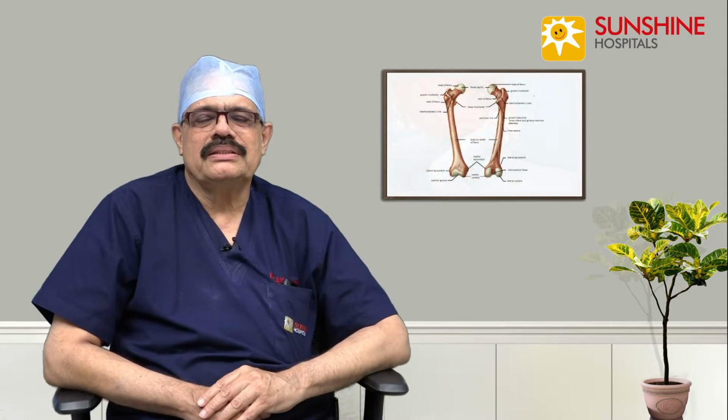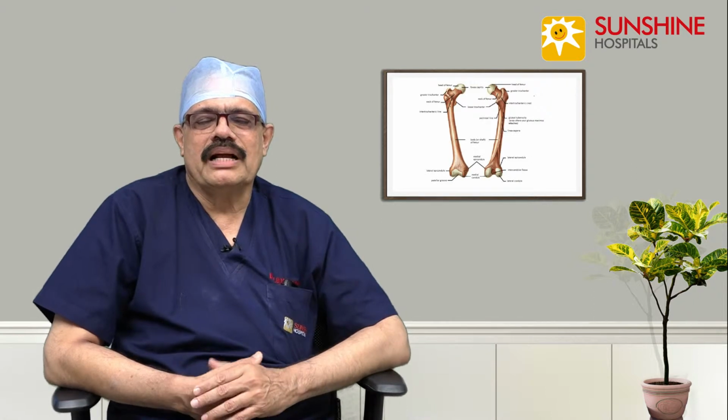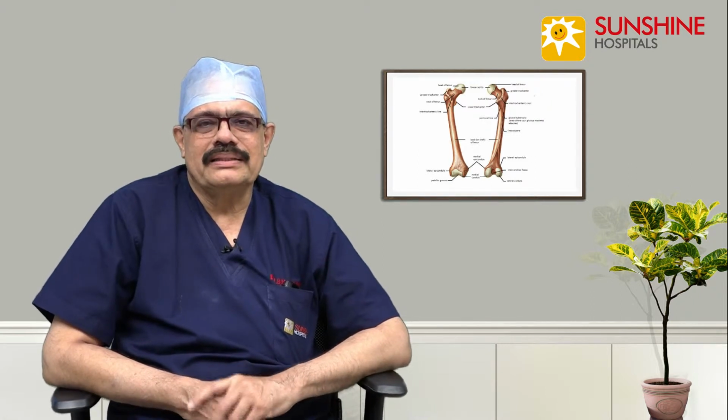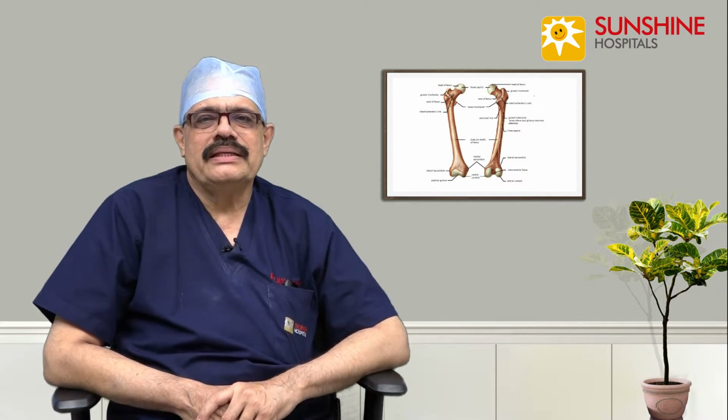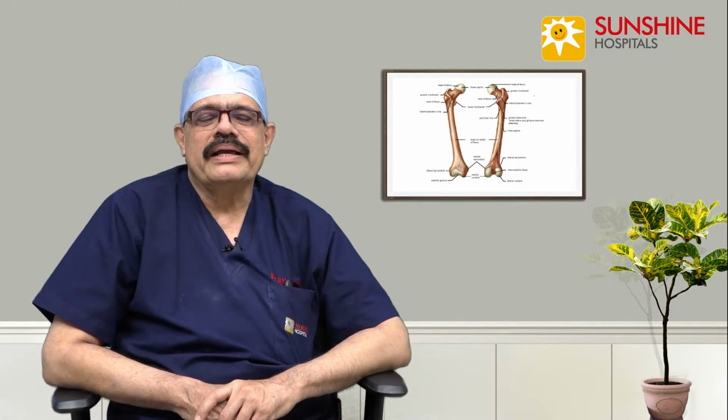Coming to the first and most common, developmental conditions. Among the developmental conditions, Perthes is one condition in which the hip joint, which has the head of the femur and a cup-like acetabulum, is affected.